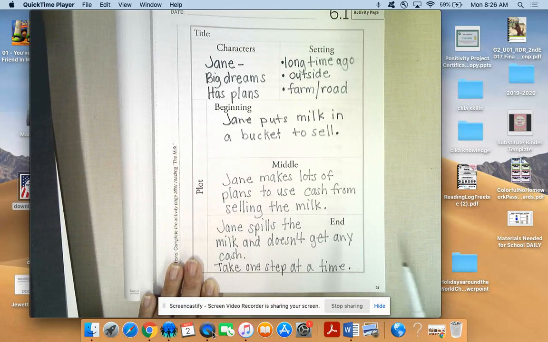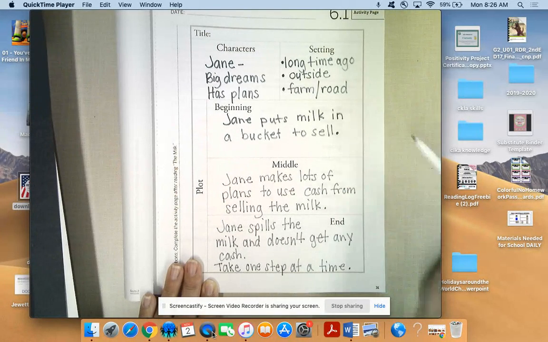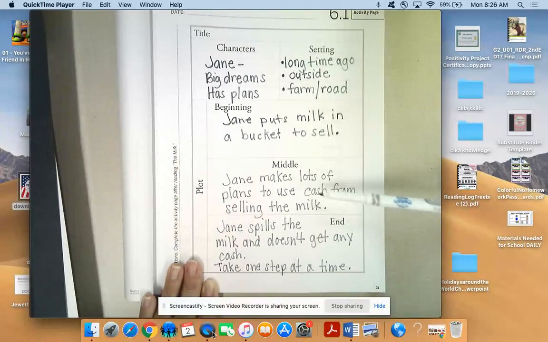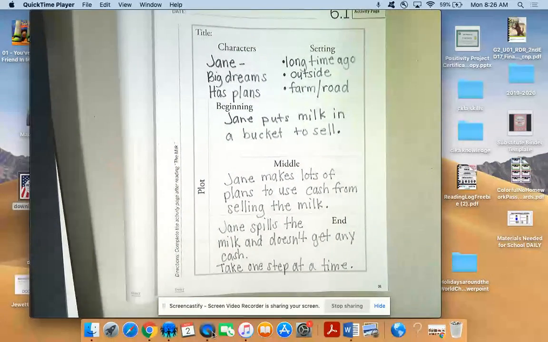It's important that you really focus on the task, what you're doing at that time. So again, you might need to pause this and make sure you have this all down on your paper, but we did our character, the setting, the beginning, middle, and end. So this is our planning page, and we're going to be drafting a retell of The Milk this week.